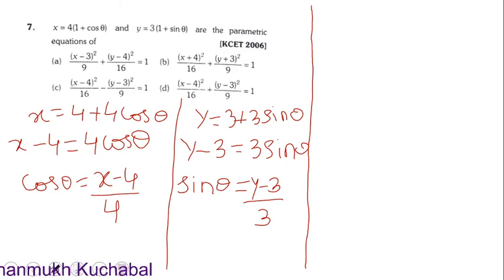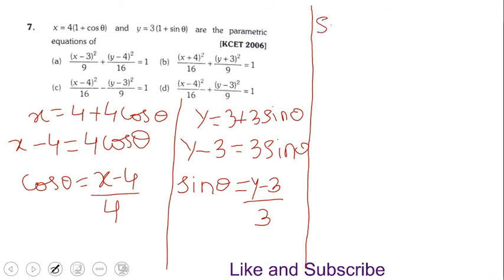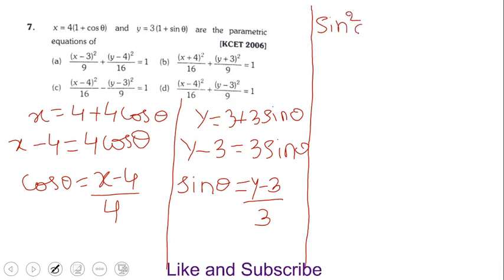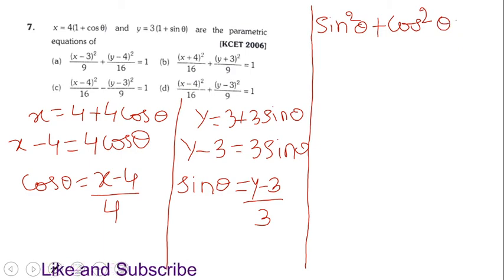So like this I have written the sin and cos values. After that, using a very basic concept you have studied in 10th standard, I am going to use a trigonometric identity. That trigonometric identity is sin square theta plus cos square theta equal to 1.